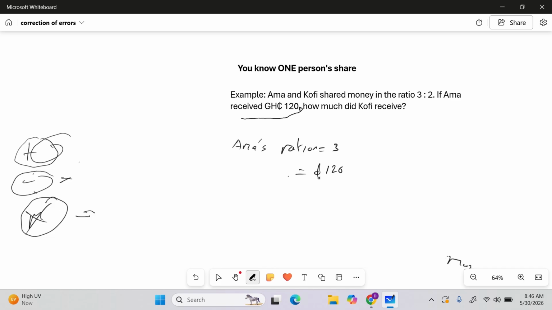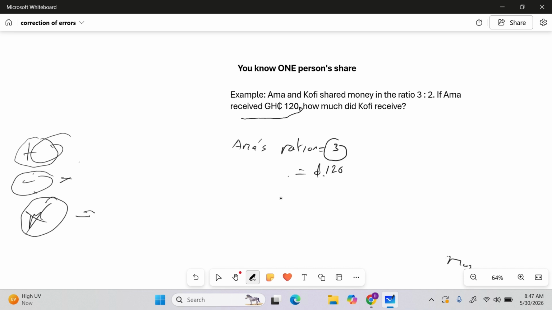Now listen here. Anytime you know one person's share, I don't want to explain this further and confuse you, but anytime you have one person's share, we use the person's ratio to divide their amount. What am I saying here? I will use this 3 to divide 120 to get one part of the money that Amma received.